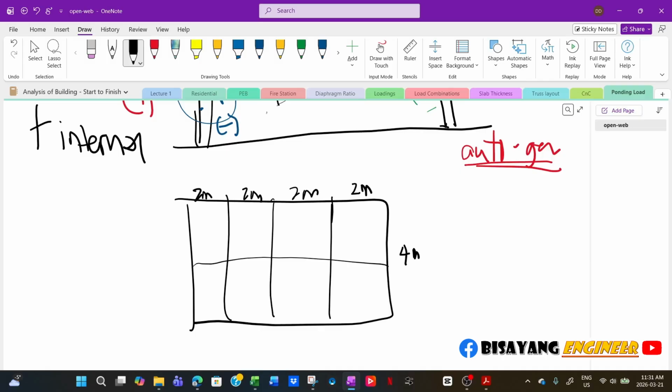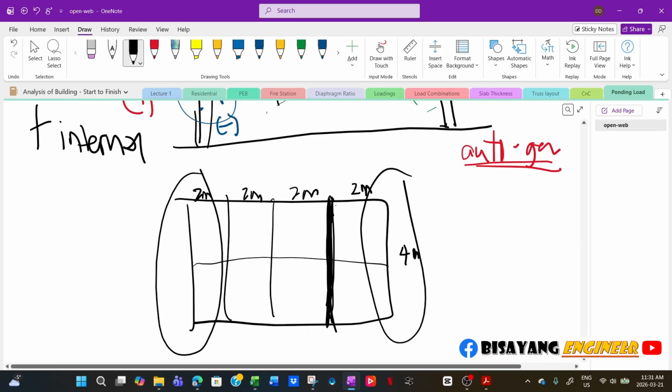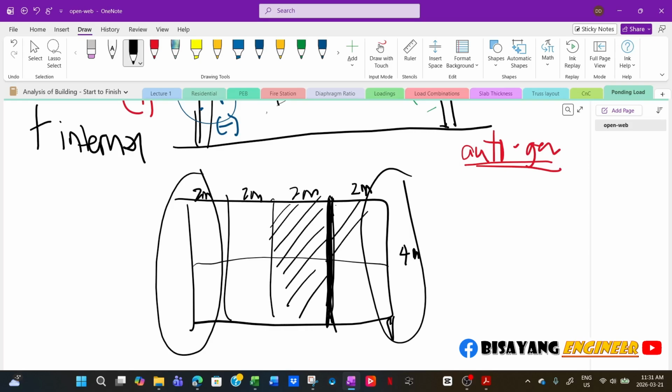So if that's the case, your tributary area, if you are analyzing this truss, now the difference is, when you design for the lateral force resisting system, say you design for the lateral load, then you will calculate the tributary area, which is half of that.